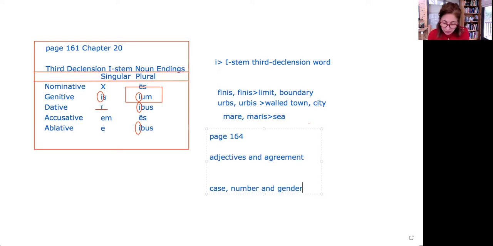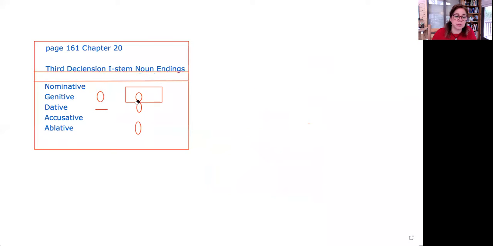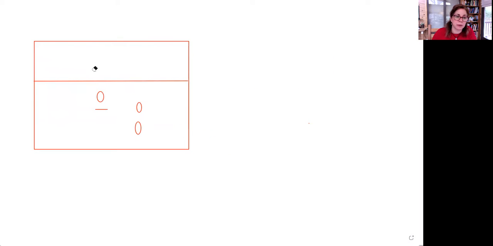So if you would take a look at figure 21 on the next page, page 165. I'll erase the board so that we'll have a little room to recreate that chart there. All right, on 165, you notice that while the endings aren't the same in each phrase, the noun and the adjective agree in case, number, and gender.